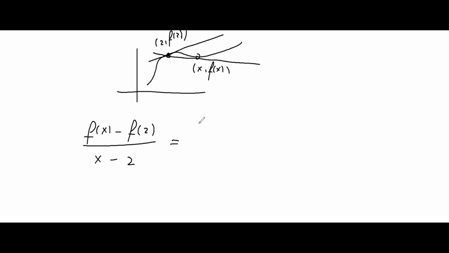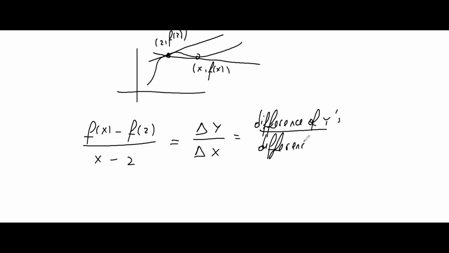Those of you who have taken physics or are taking some physics will write it there as delta y over delta x. And in math, we like to say the difference of y's divided by the difference of x's. Or some other people might say the y differential divided by the x differential.